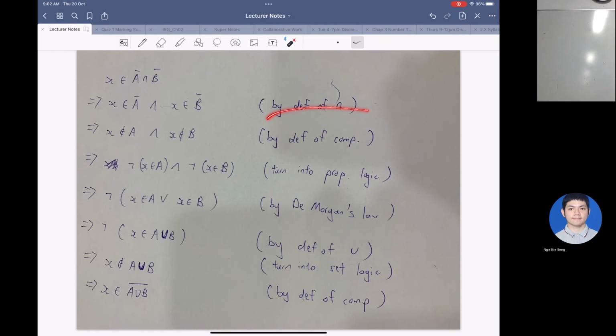So explain what you did so that your step will make sense. You don't need to write out the full sentence, but just say by some laws.